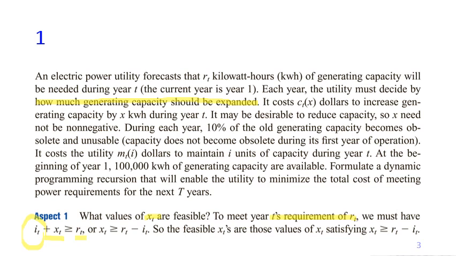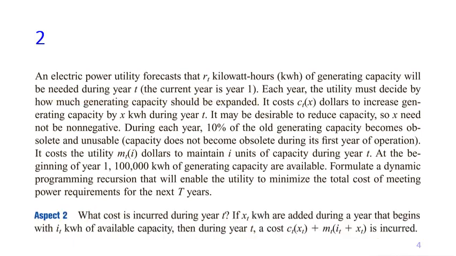So let me repeat: whatever we have at the beginning of this year, IT, plus whatever we increase or decrease this year, xt, must be greater than or equal to the demand, RT. Then you move around the terms, and you get xt greater than or equal to RT minus IT. So that is aspect 1.